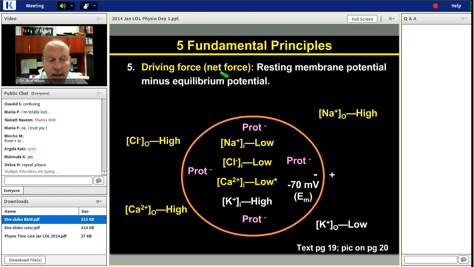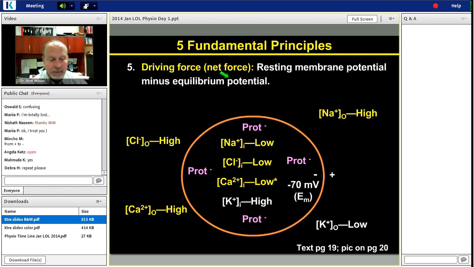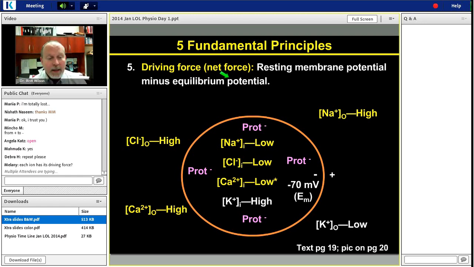So all I'm saying is the further from equilibrium, the greater the force to try to get to equilibrium. Exactly. Each ion will have its own net force, its own driving force.